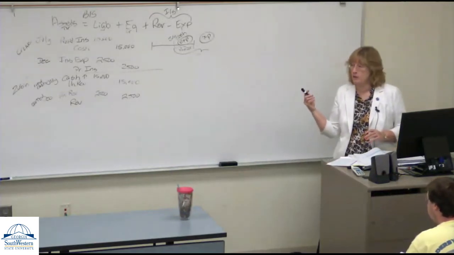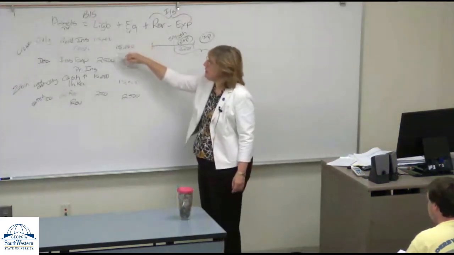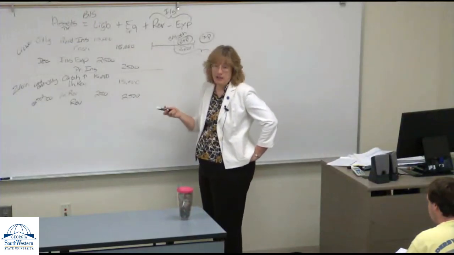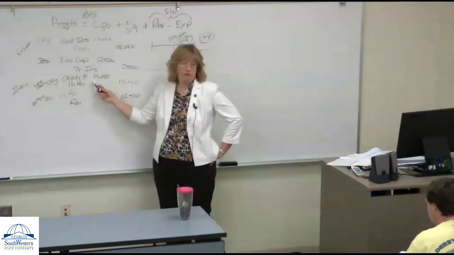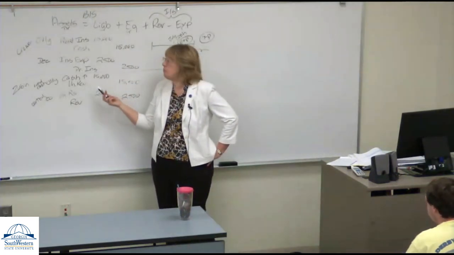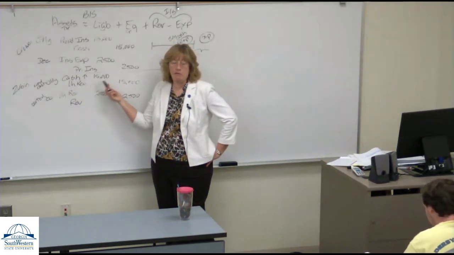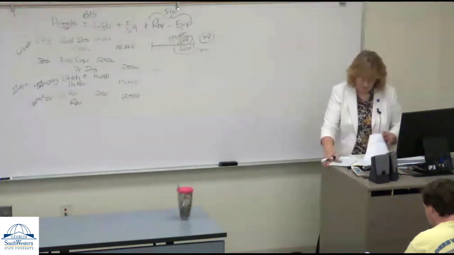That was the first thing we went over, right? Prepaid expense where we paid for something in advance. And this one down here was unearned revenue, right? Because we received the cash before we earned it, okay? All right, so those are the two that we went over.